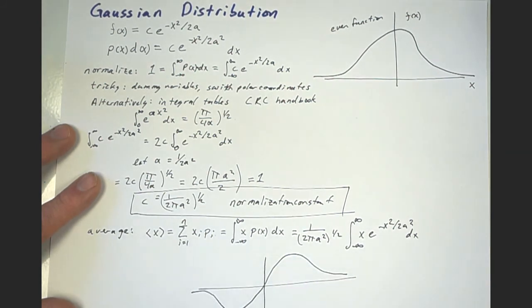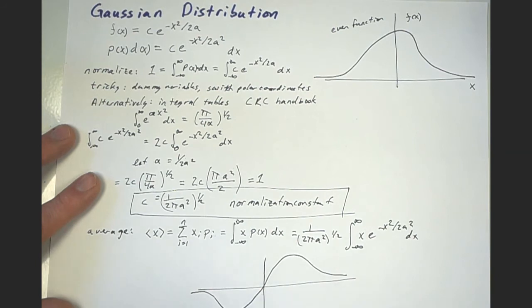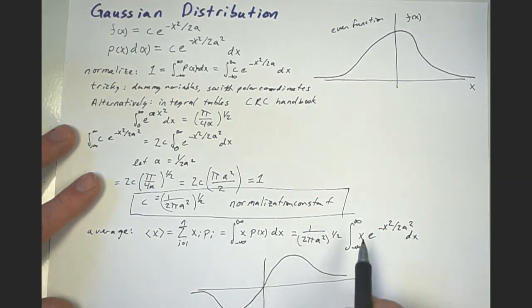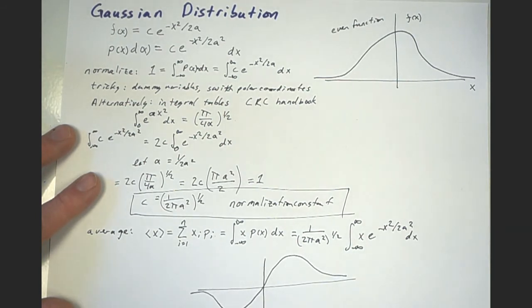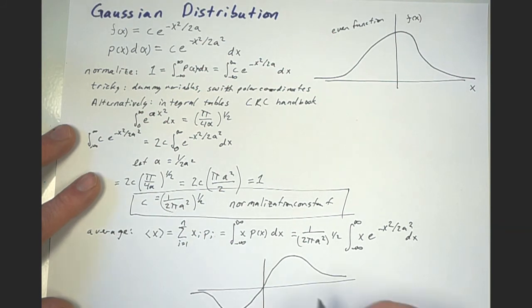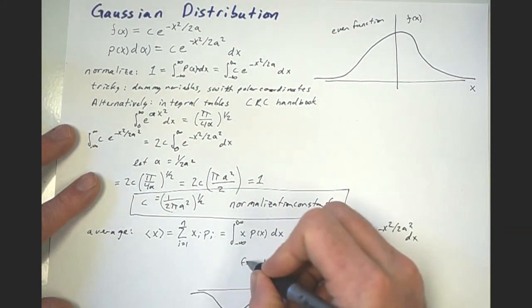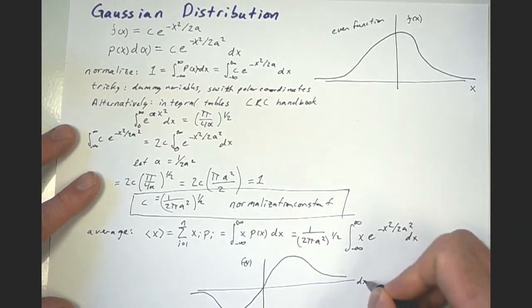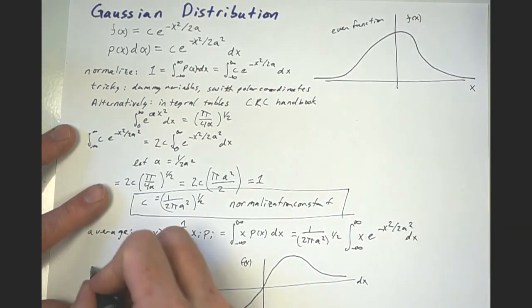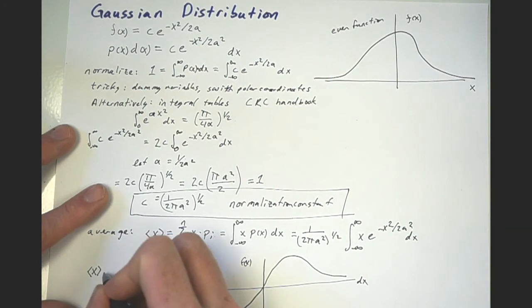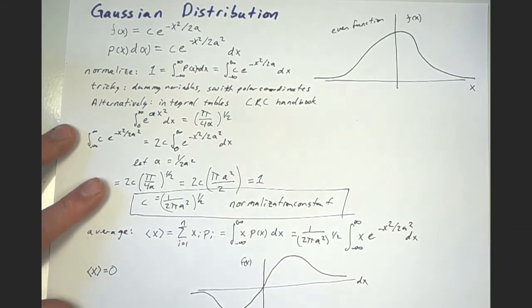An odd function has the opposite sign on the left and right hand side. And an odd function times an even function, much like an odd number times an even number, is an odd function. So here's our function. This is odd. The average of an odd function is 0.